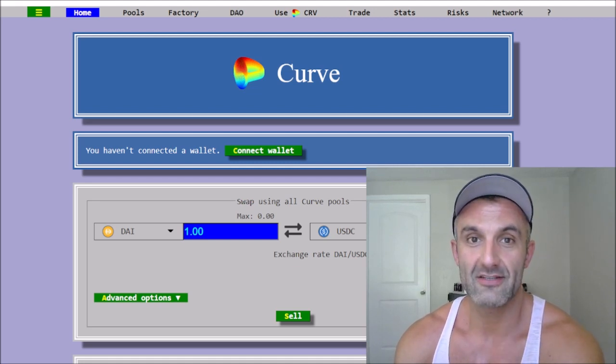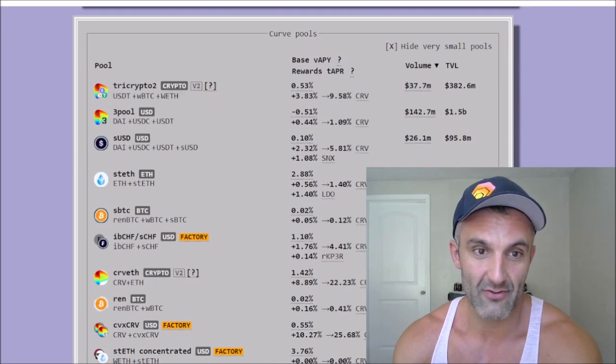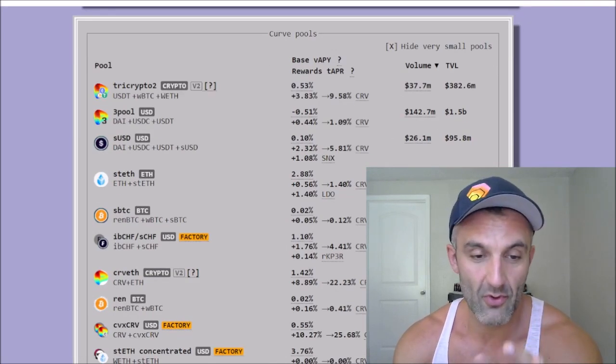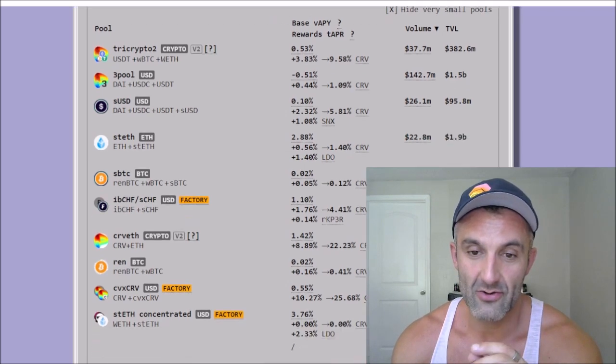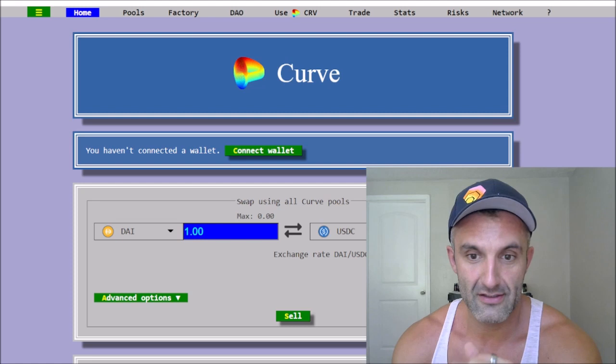Let me put that out there to start with. There is no way Curve is going to be mainstream in this iteration of it. It has to come out with 2.0 or V2, because this is wow, it is not good.